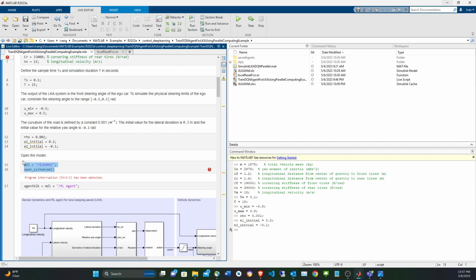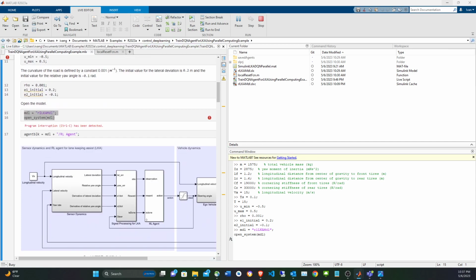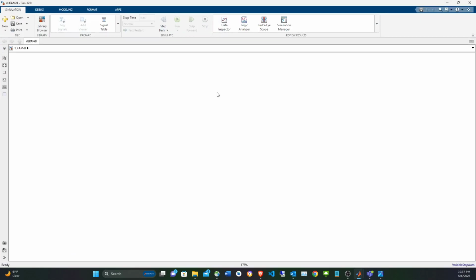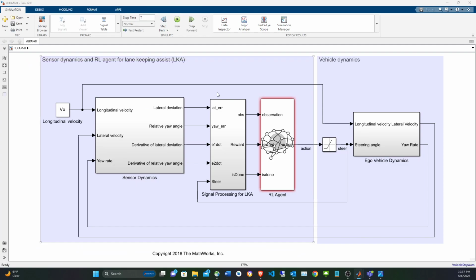Okay, so this is the Simulink model that we are going to use for the environment. Simulink is a very good environment for simulation, so it fits very well to this type of reinforcement learning problem. You can see here the block called RL agent. It is red because we have not created the agent yet. This model consists of the dynamics of the vehicle, which in this case are very simple for the purpose of this example.